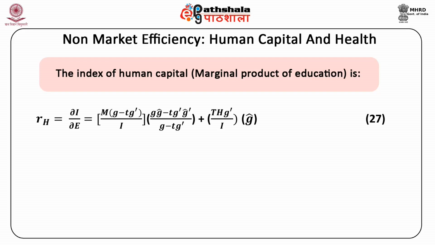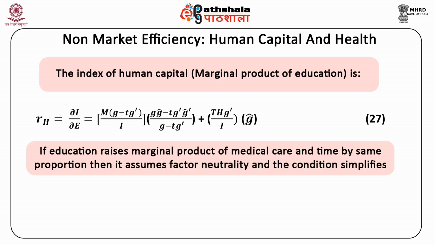Equation 27, where g minus t g dash and g dash is the marginal product MP of medical care and time. The relationship measures change in gross investment due to change in education, which is measured as the average of change in marginal product of medical care and time.